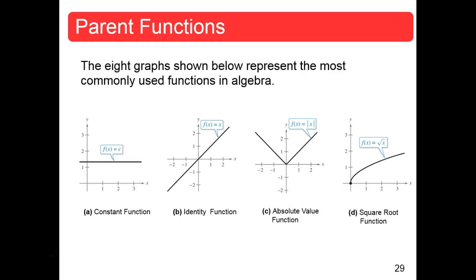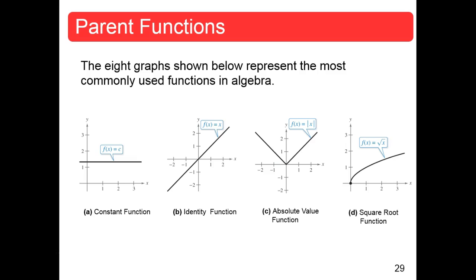X-intercept: the origin, 0, 0. What's its domain? All real numbers. What's its range? All positive numbers, or non-negative numbers, because 0 is not positive or negative. All non-negative numbers from 0 to infinity, and that's your bracket there.